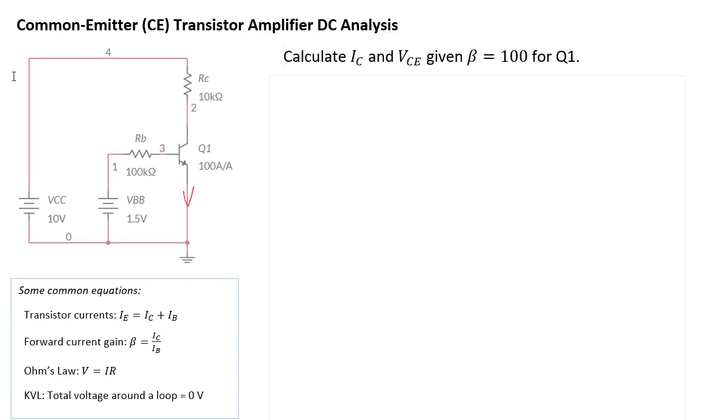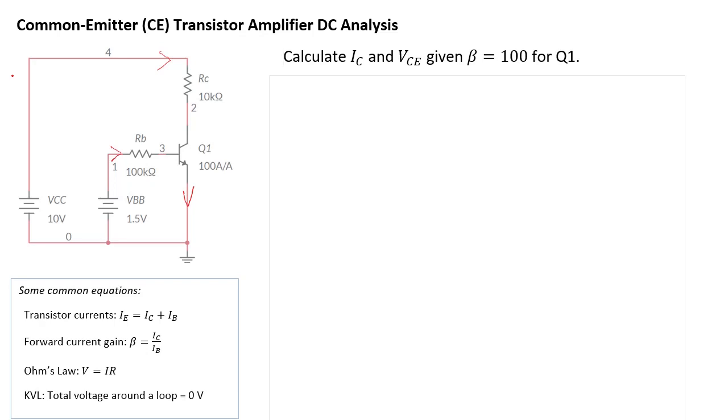You're going to have a current IC coming down into the transistor from left to right and then top to bottom, and a current IB into the base. So that's IC, IB, and this is IE.